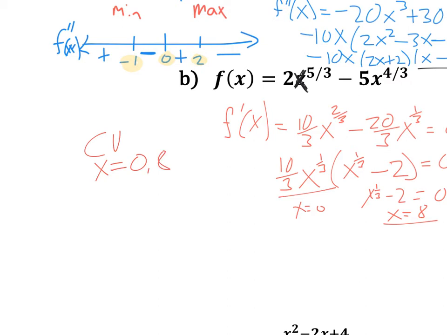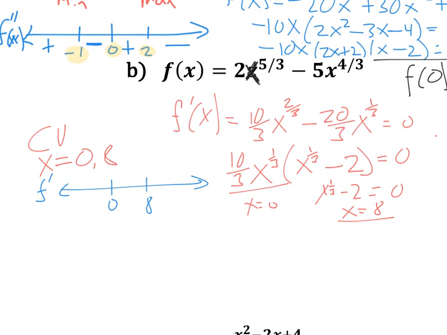Let's go ahead and find our number line here now. F prime. And our critical values are 0 and 8. And let's plug that in to our derivative. And we go either form, this one or this one. You choose.